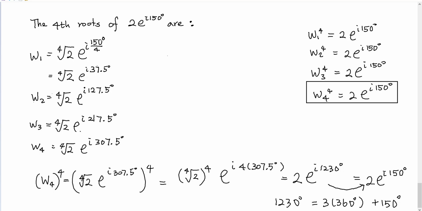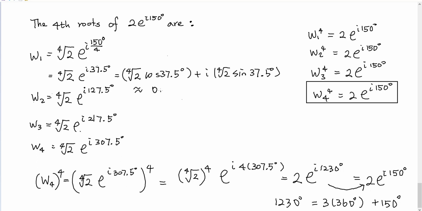Sometimes a question may ask you to leave the complex fourth roots in polar form, or sometimes it may ask you to change them to rectangular form. If it asks for rectangular form, you will have to give an approximation: the fourth root of 2 times the cosine of 37.5 degrees as the x, and the fourth root of 2 times the sine of 37.5 degrees as the y, approximated using your calculator.